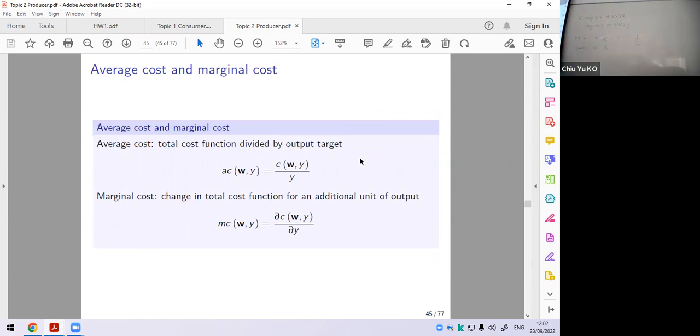I don't know how useful the rest of this is, but historically people studied this a lot, and you also do it in your principles class: cost function, average cost function, marginal cost function, all this crazy stuff goes on. Honestly, I never use it.